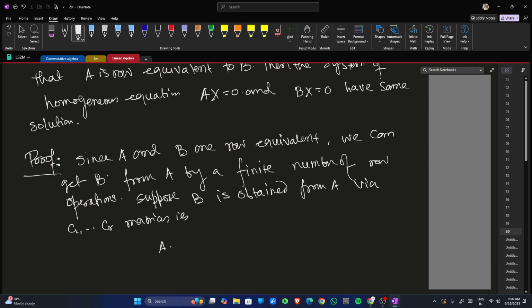That is C1, C2. That is, you have applied some row operation to get C1. If you have applied another row operation, you get C2, and after doing some finite number of steps, you get CR, and then applied again, so you get B.